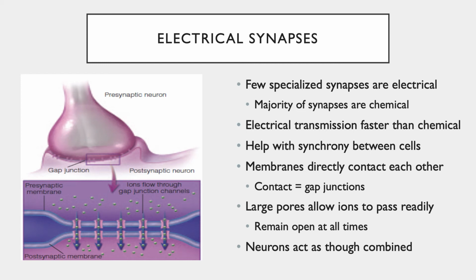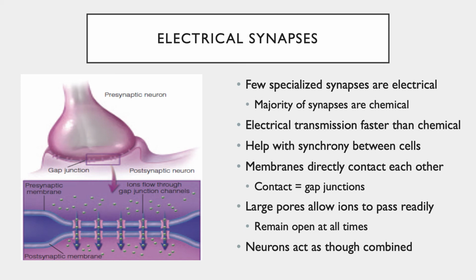And again, as we talked about before, breathing is really important that it is synchronized, and electrical synapses are really good for facilitating that. So very few specialized synapses are electrical. And again, the majority are chemical. As I mentioned, they are faster than chemical synapses, and they help with synchrony between cells.